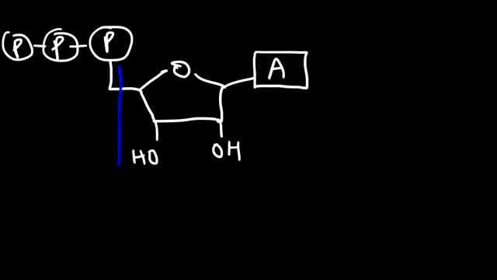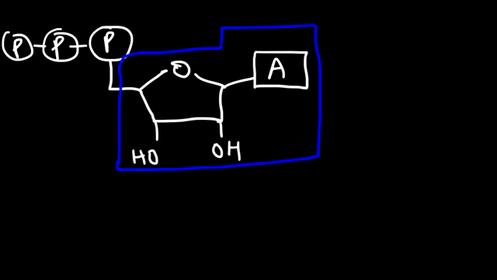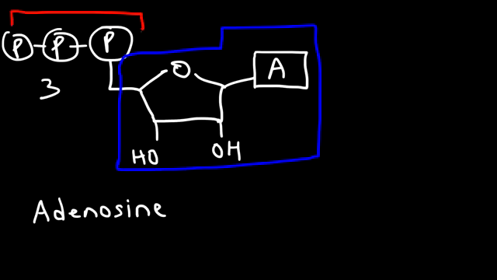So if we combine the ribose sugar and the nitrogenous base, that is called adenosine. Now we have 3 phosphate groups, and so it's going to be called triphosphate, tri for 3, and it's located on carbon 5. So it's adenosine-5-triphosphate.